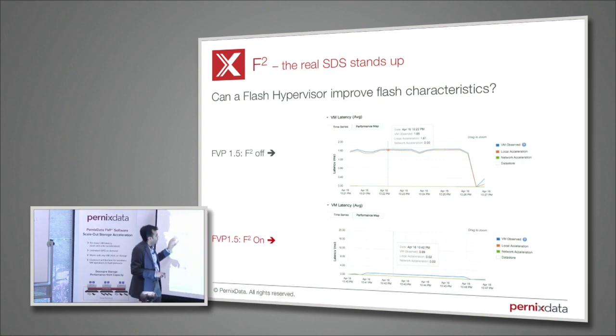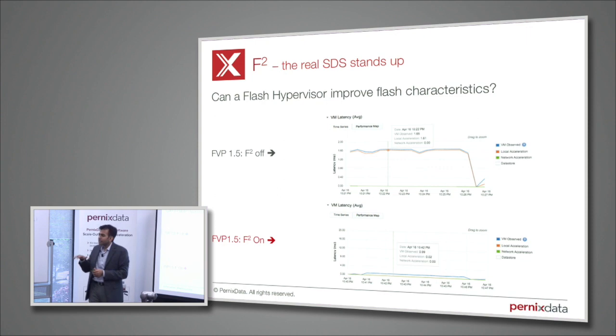With the feature off, when we run this workload it gets 35,000 IOPS at a VM observed latency of 1.65 milliseconds. When we turn this technology on, the VM observed latency for that higher number of IOPS, 55,000, is 0.99 milliseconds. So it is not just an IOPS thing.